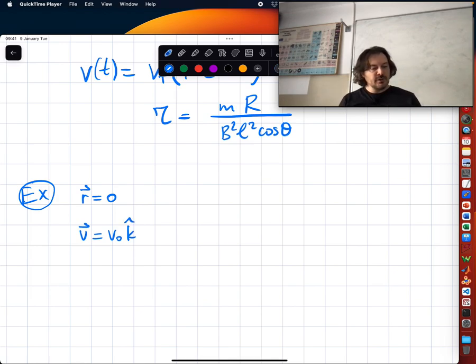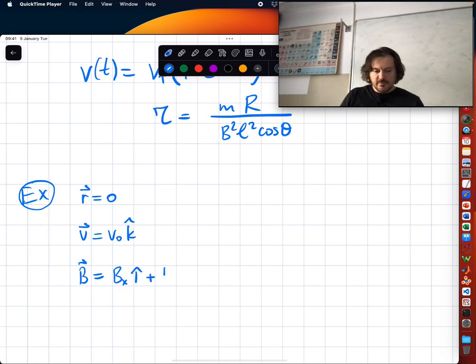The particle is moving in a region where a uniform magnetic field B exists, B equals Bx i plus By j. Find the magnitude of the acceleration of the particle in the region. Do you understand the question?